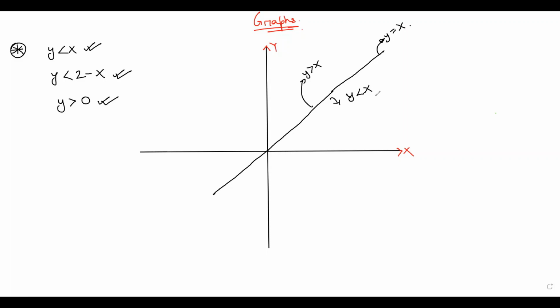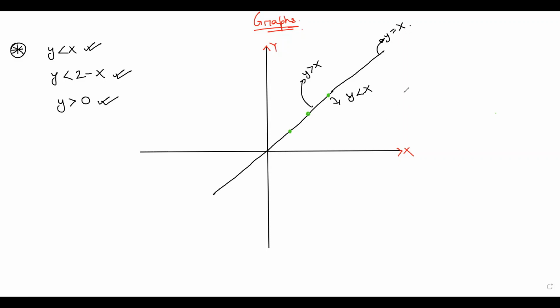We can also verify this by checking some random points in these regions. For example, all the values of y and x on this line would be equal. For example, we have the points (1, 1), (2, 2), (3, 3), and so on, on this line y equal to x.